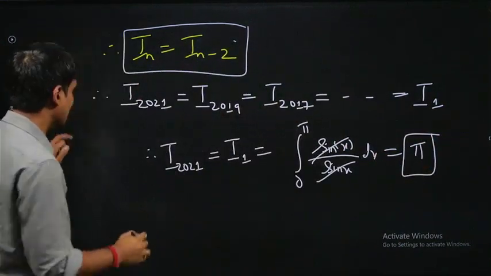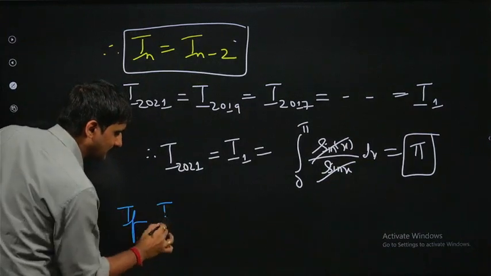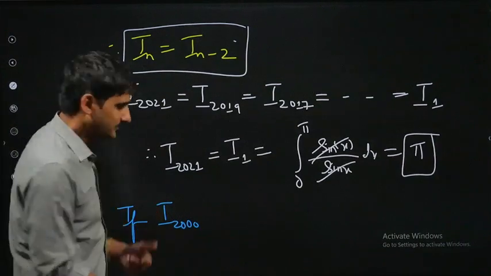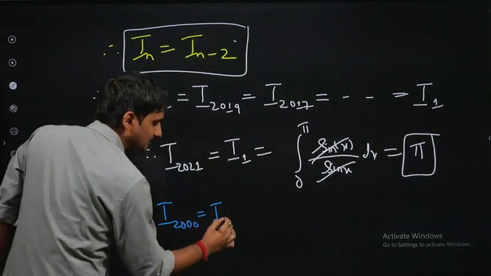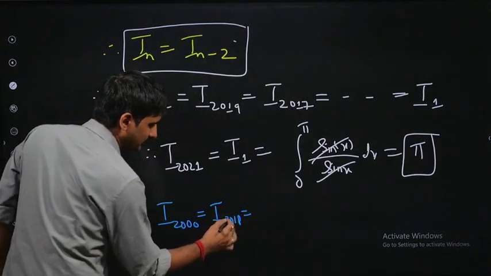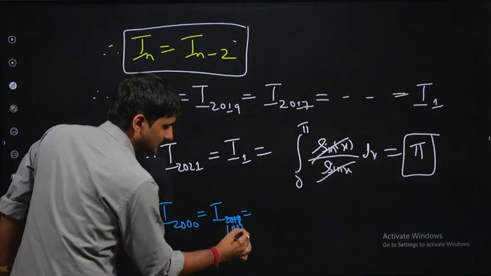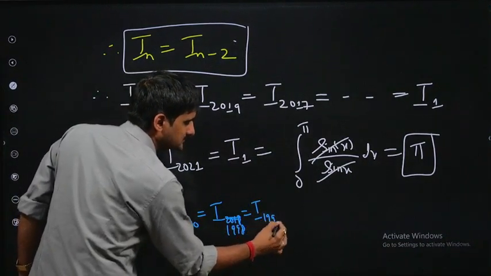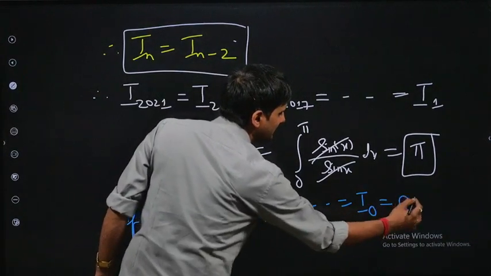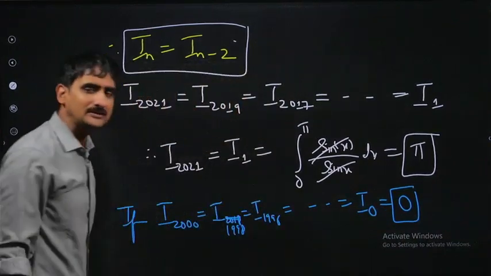But on the other hand, if we would have been asked about I_2000, any even number, then you would have said I_2000 is equal to I_1998, is equal to I_1996, is equal to I_0, which would have been 0 in that case.